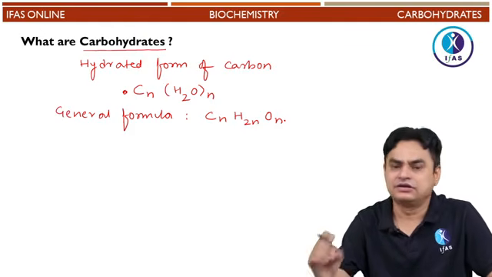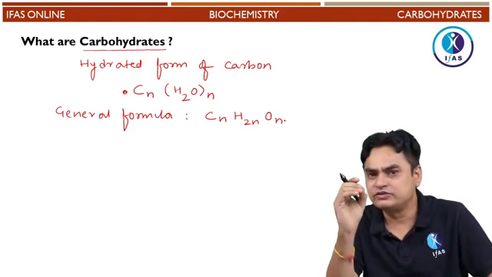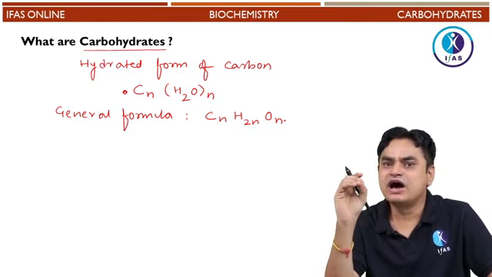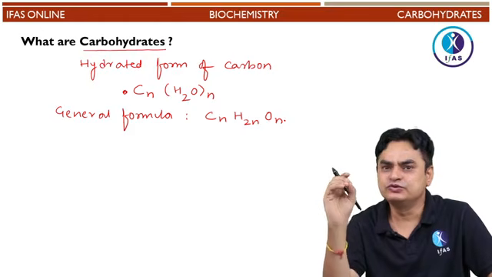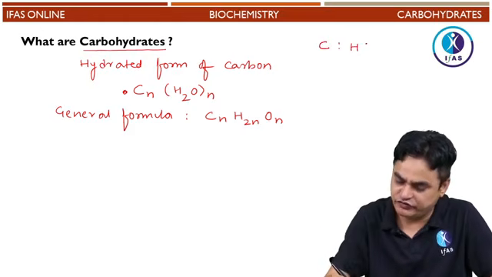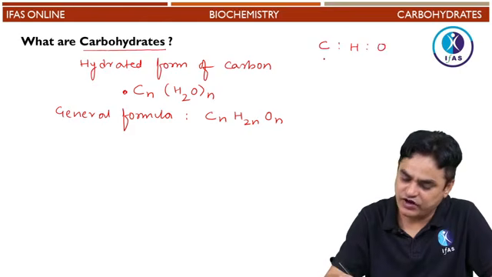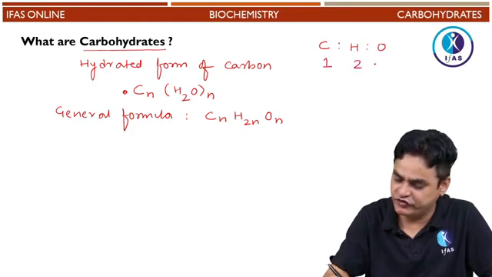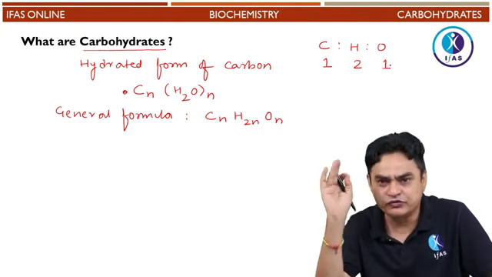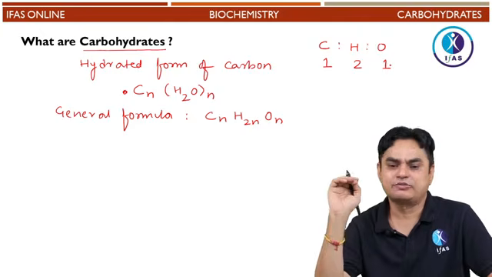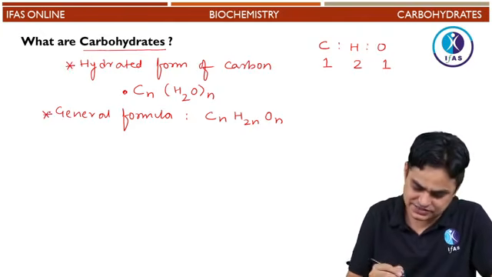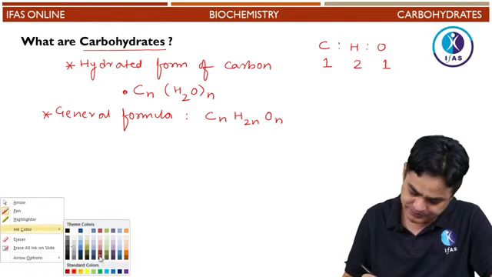That is, carbon, hydrogen and oxygen occur in a molar ratio of 1:2:1, and that holds true for simple carbohydrates. So they are the hydrated form of carbon. Their general formula is CnH2nOn.